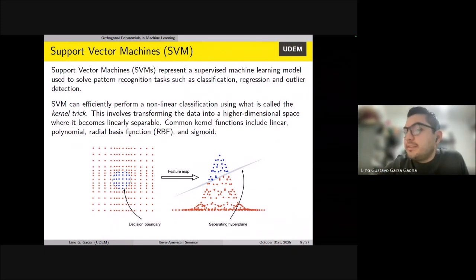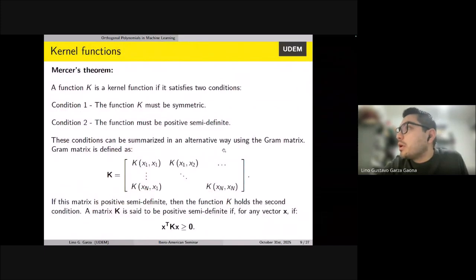So the idea is to use some kernel based on a specific family of polynomials to construct that support vector machine and try to improve the results, as I'm going to show you later.